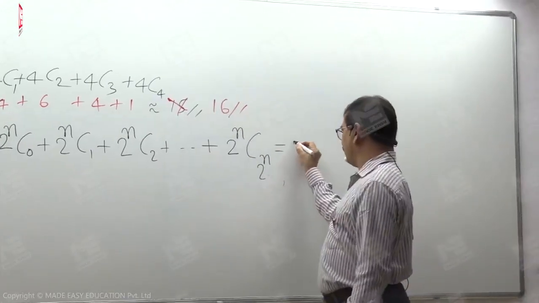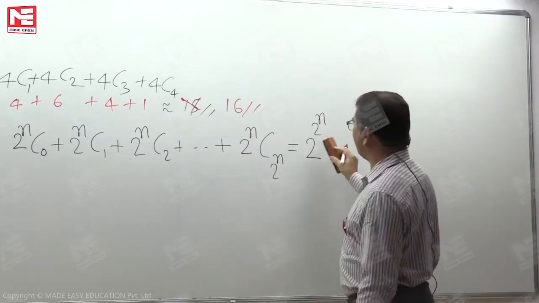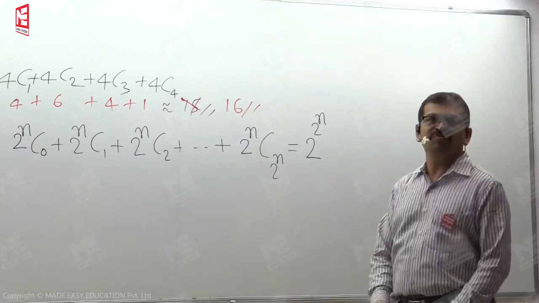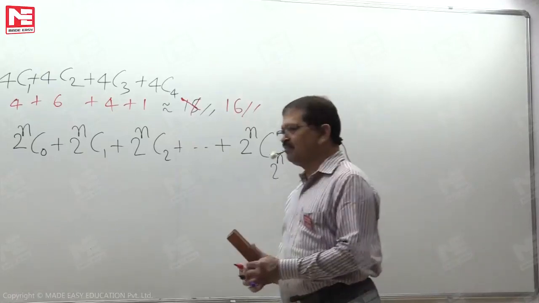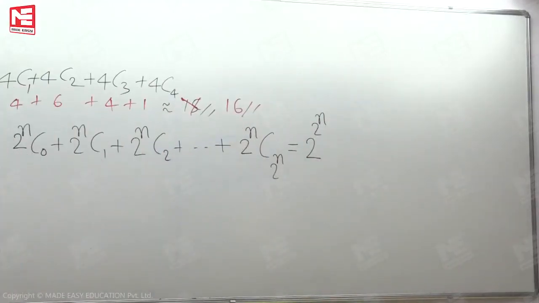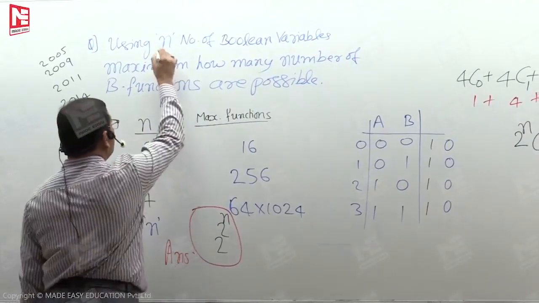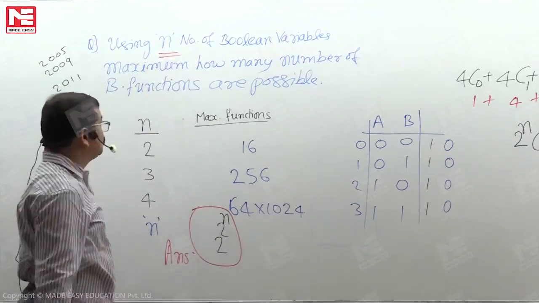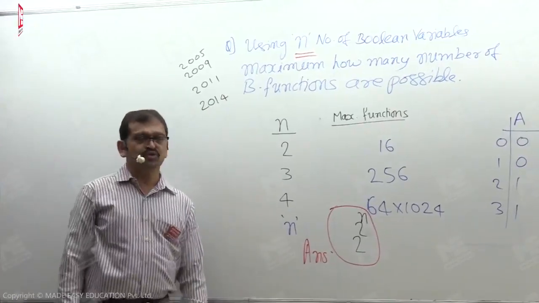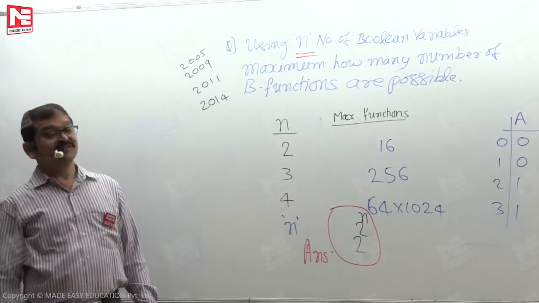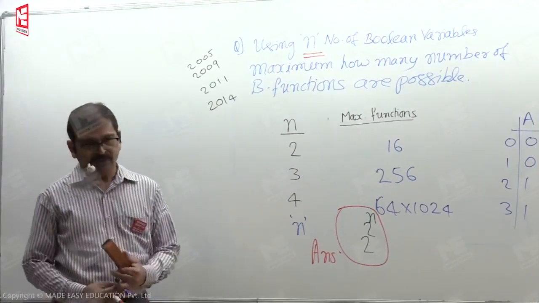With our mathematics knowledge of 11th class, 12th class, the formula gives us 2 to the power of n. The question we have here is: using n Boolean variables, maximum how many Boolean functions are possible? So the answer to this question is 2 to the power of 2 to the power of n. So the justification for the answer is this. It is the best approach.